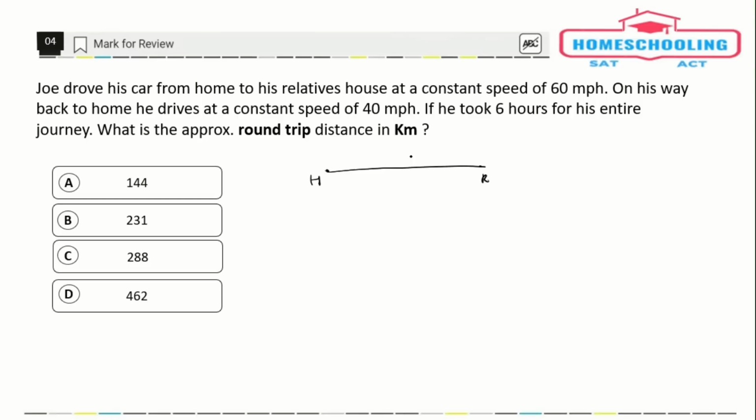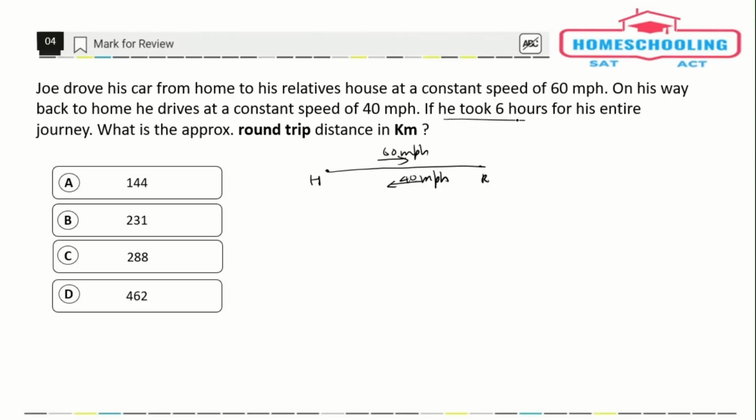He goes from here to here at 60 miles per hour. On his way back home, he drives at a constant speed, but when he is returning to his home, he drives at 40 miles per hour. He took 6 hours for his entire journey.